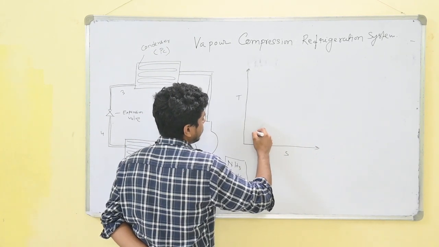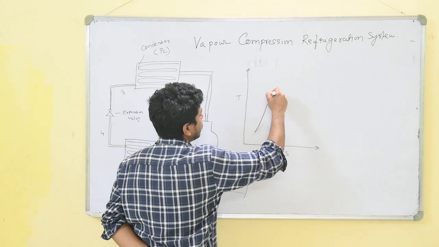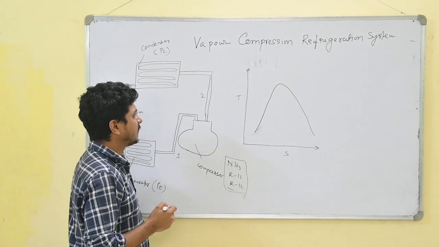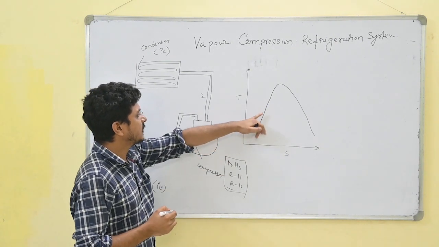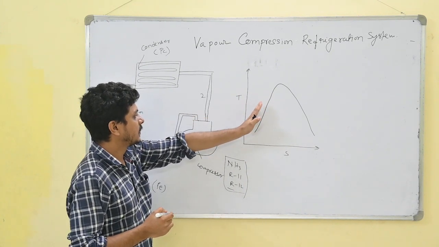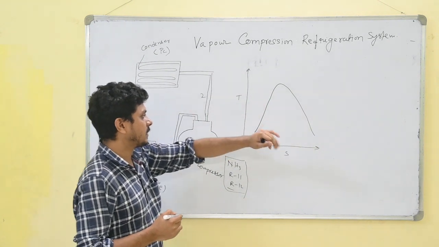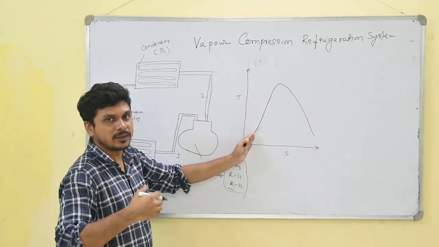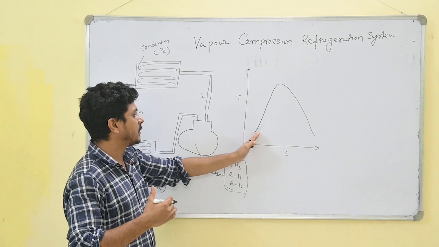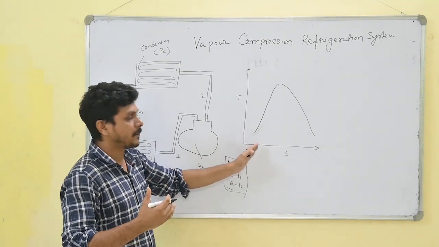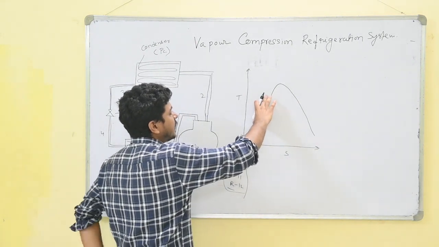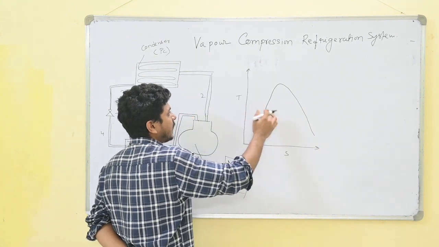This is the vapor characteristics curve. If we draw it in the TS diagram, then it looks like that. Here we see that the sharpness of the liquid line is greater than the sharpness of the vapor line, because with the temperature increase, the specific volume of the liquid increases more than that of the vapor.